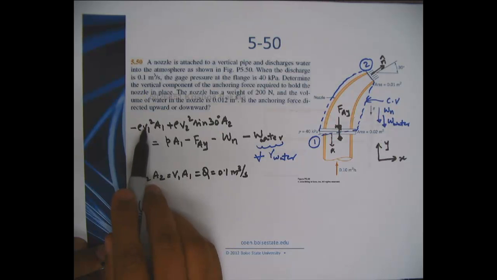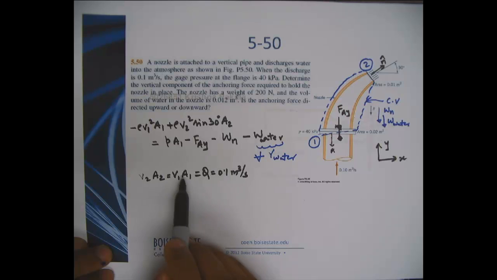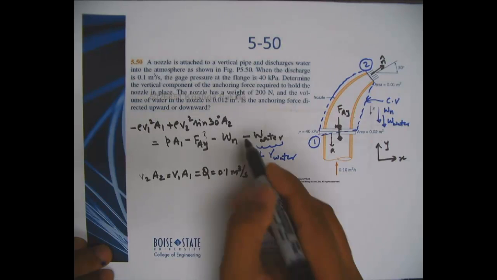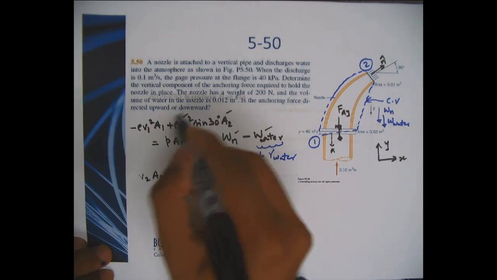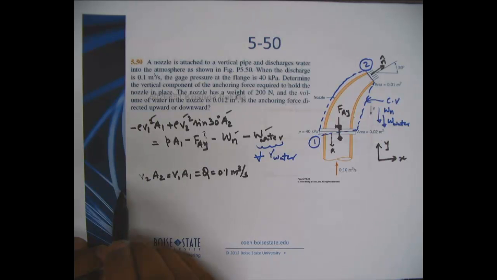So you can represent V1 in terms of QA1 and V2 in terms of QA2. Okay, so those are known, and you know A2, you know PA1, you don't know this guy, you know this, right? So the only unknown here is FAY.